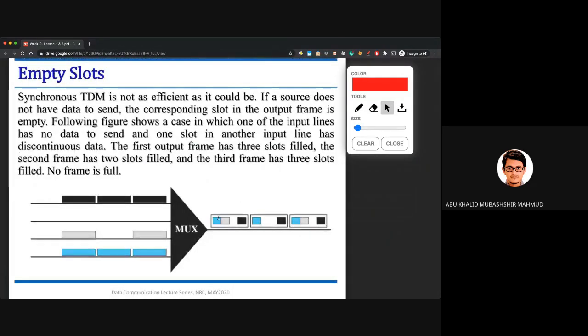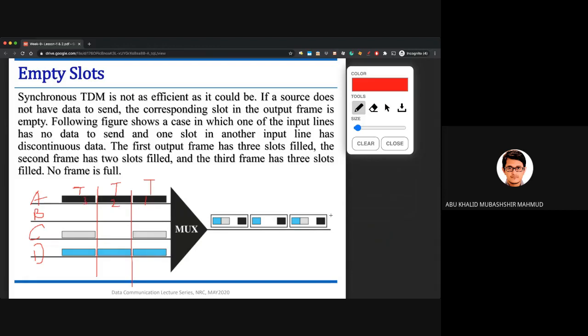One of the special problems we face in synchronous time division multiplexing is empty slots. Let's say for example we have 4 channels A, B, C, and D, and we separate them with time t, this is the first, this is the second, and this is the third block of information.